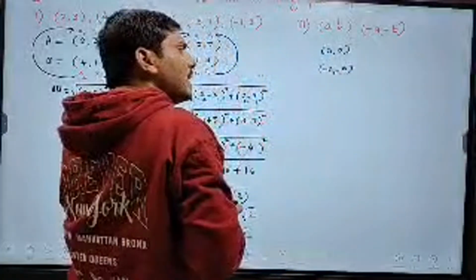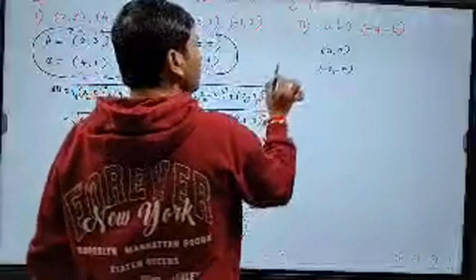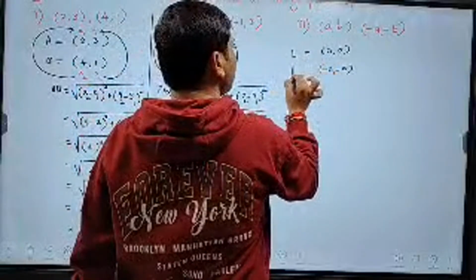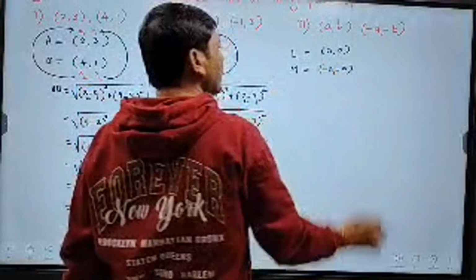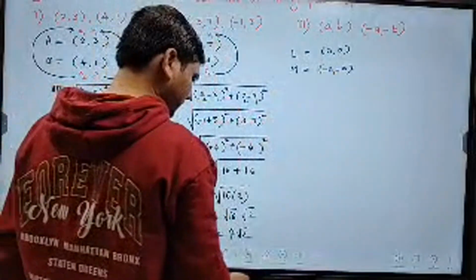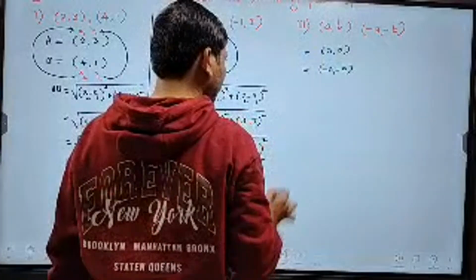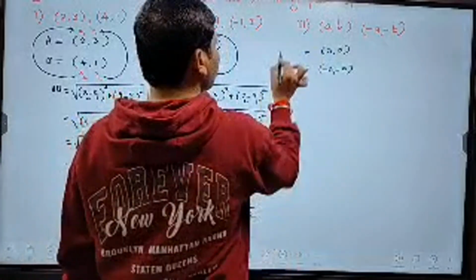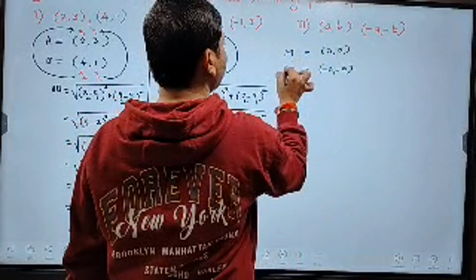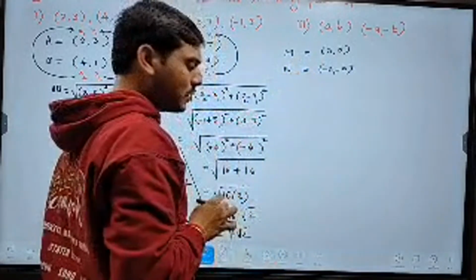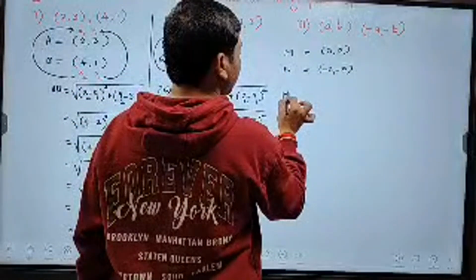Let me take them as capital M and capital N, students. I am taking points M comma N. Distance between MN.